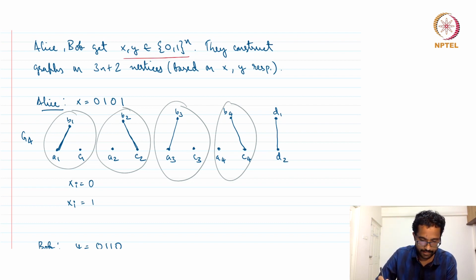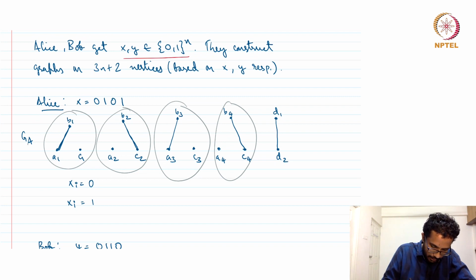Now what are the edges? Let me first describe: the vertices are common to the graphs of both Alice and Bob, only the edges will differ. So let us see Alice's graph, let us call it GA. Let's say Alice's string is 0, 1, 0, 1.